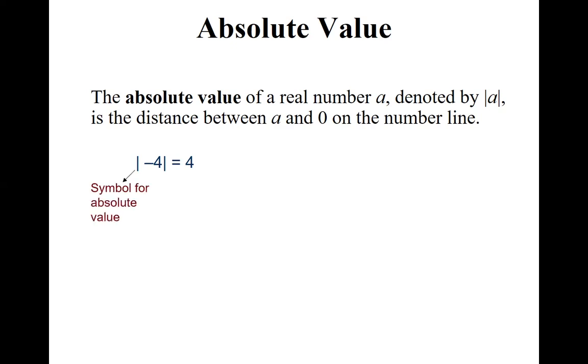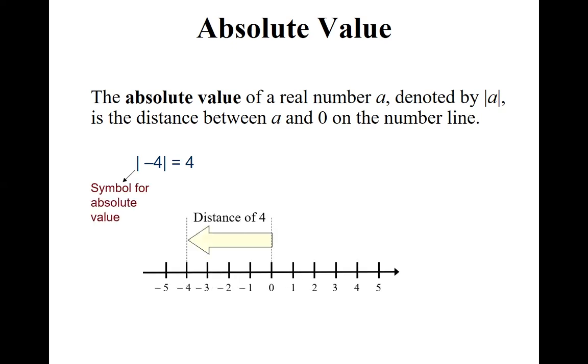So the absolute value of -4 is 4 because -4 has a distance of 4 from 0. Literally count from 0 to -4. 1, 2, 3, 4.